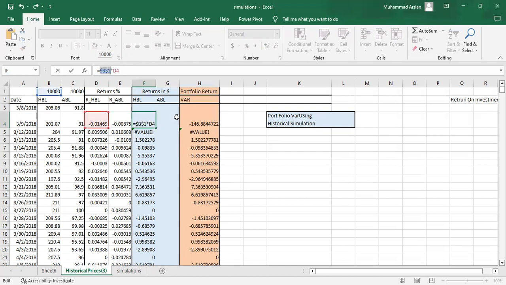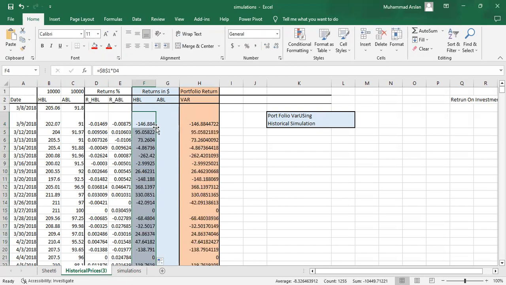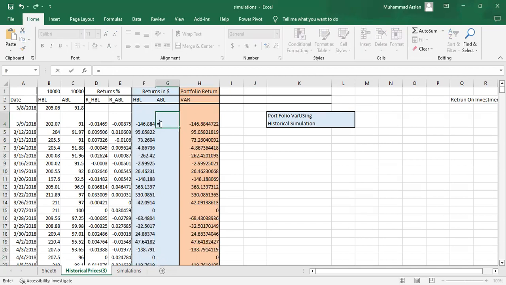We make the value of 10,000 constant and then simply multiply, and you can see on the 12th of March 2018 we get 95 rupees of profit on the 10,000 investment. So similarly we do the same exercise with ABL, just multiply with the total investment, and we get the return on that.